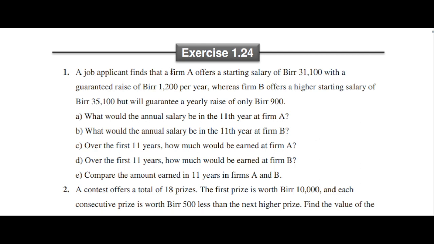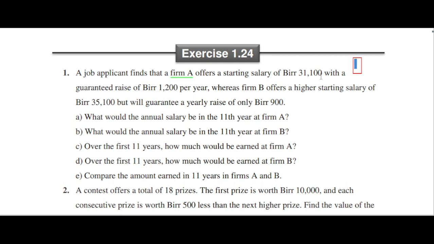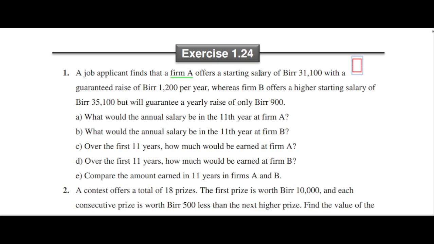For firm A, we have given A1 which is equal to 31,100 and common difference D which is equal to 1,200.